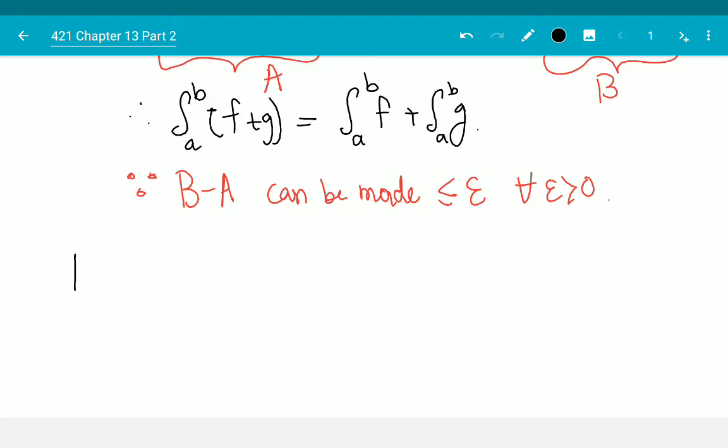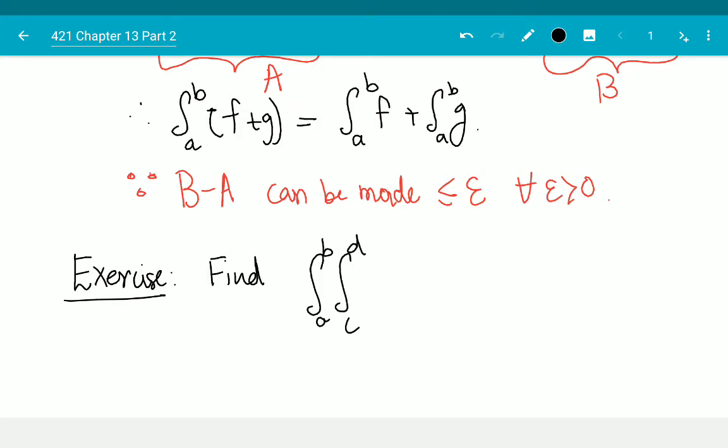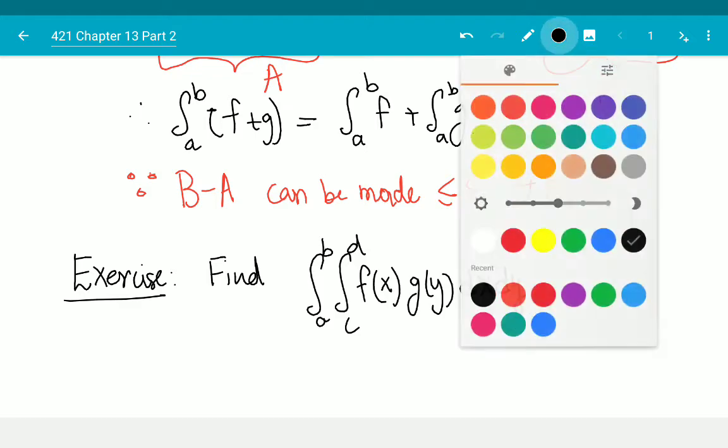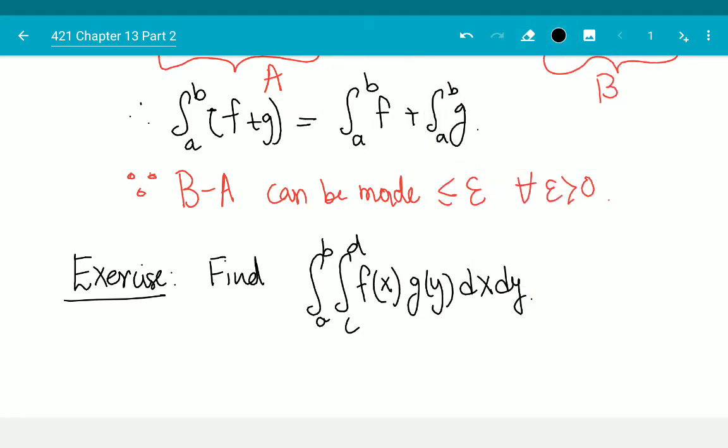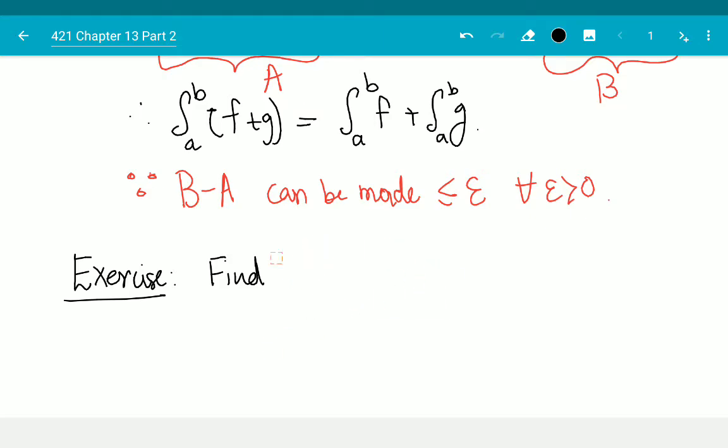Exercise. Find the integral a to b, integral c to d, of f(x) g(y) dx dy. Well, actually, I don't think I want to do this one, because we haven't yet introduced the notation.